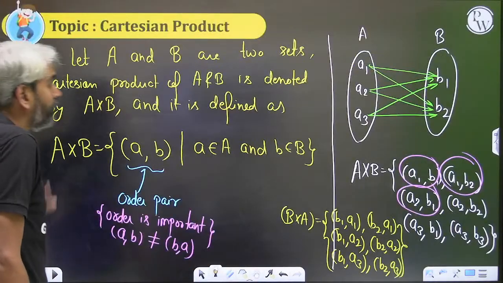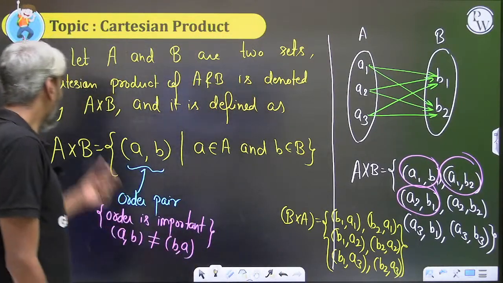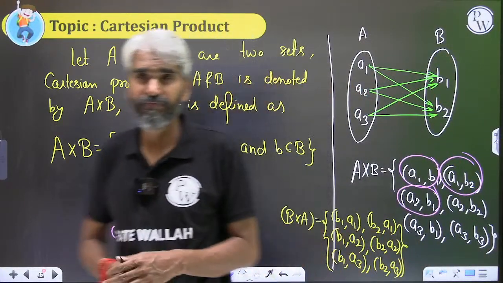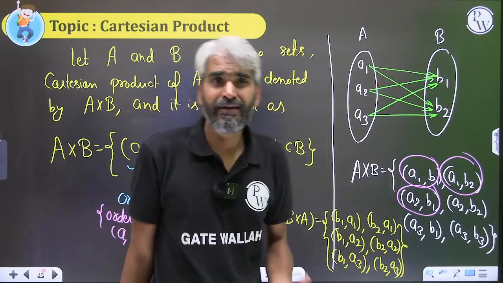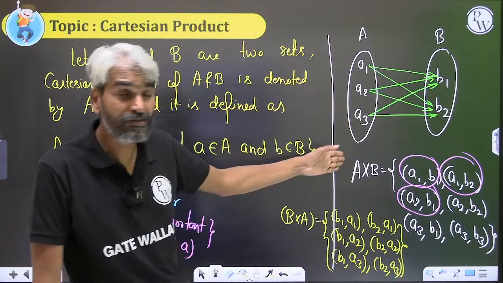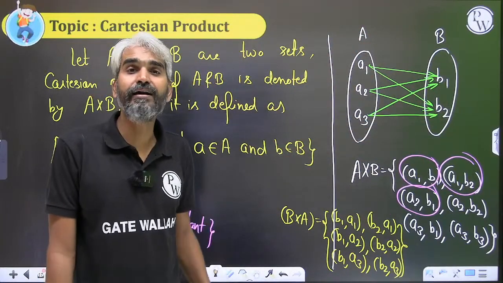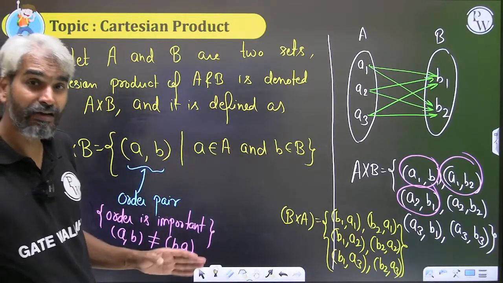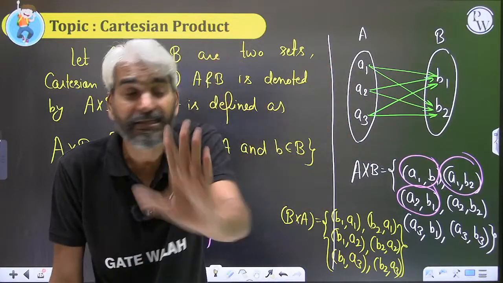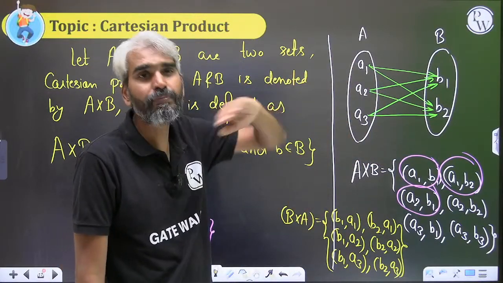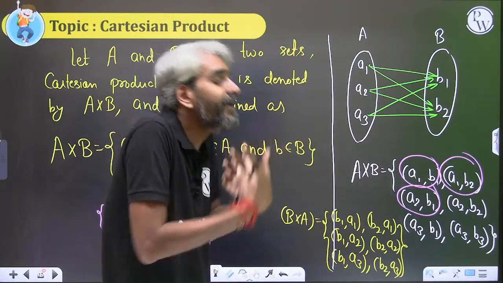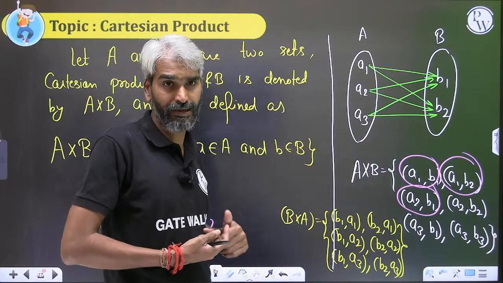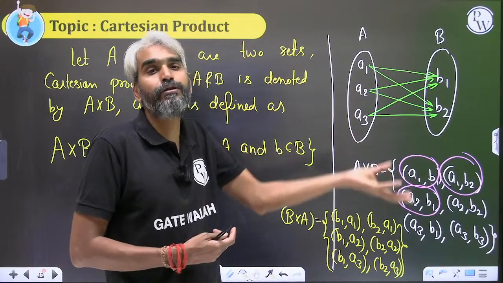Now, please try to understand what happened in the Cartesian product. In the Cartesian product, every element of set A relates with every element of set B. Now, my question is, if we want to define a relation, then in a random relation, it is not necessary that every element of set A relates with every element of set B. But if we are defining a relation from set A to set B, then a relation from set A to set B will eventually be a subset of A cross B, because when you say from A to B, it means how exactly the elements of set A are related to the elements of set B. We are not saying how elements of B are related to set A. We are saying how exactly the elements of set A are related to set B. So the ordering will be important.